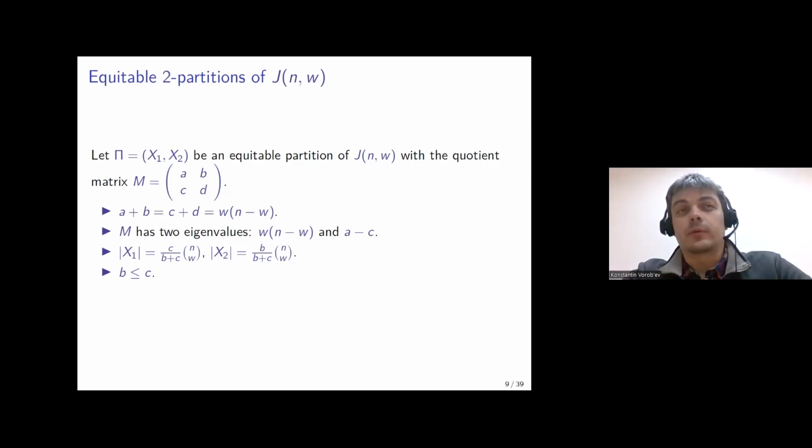Then we know the spectrum of the graph. It is the degree of the graph and the value A minus C. Also, it's easy to compute the sizes of cells of our partition. And for our purposes, without loss of generality, we take B not greater than C.